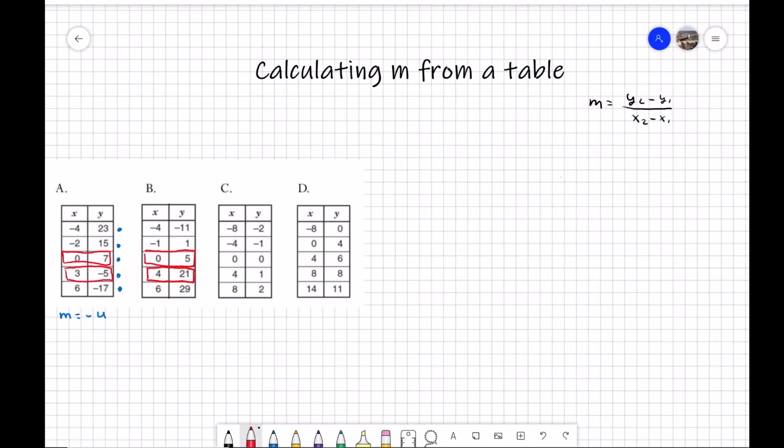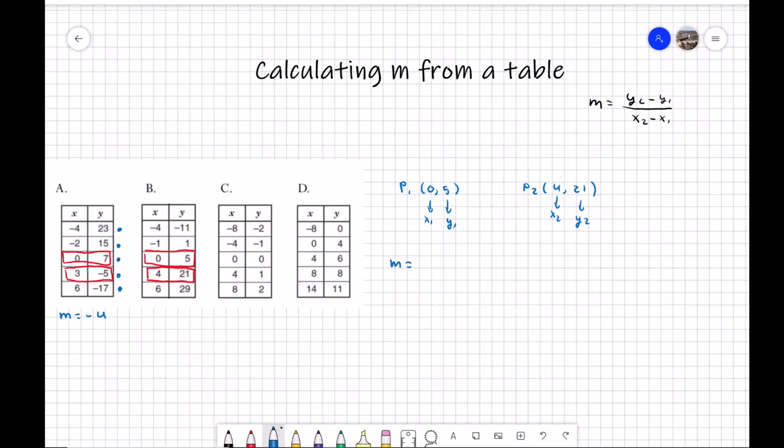I'm going to choose 0,5 to be my first point and 4,21 to be my second point, and it doesn't matter the order, it's going to be the same answer. So this is x1, y1, x2, and y2.